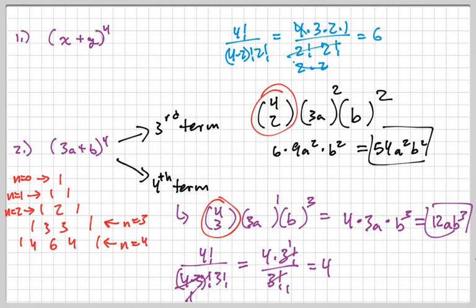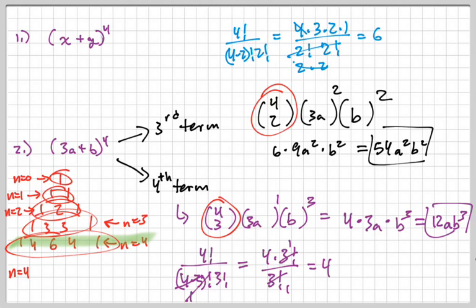I want to take this one right here and pick it apart for a second. This is true for every single row in Pascal's triangle. When n equals 4, which row is that? It's the 1, 2, 3, 4, 5th row.